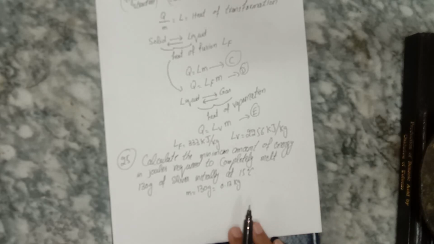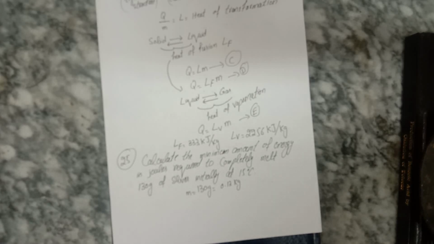I have to melt the silver, so I need to know the latent heat of fusion of silver. I can go to the table 18.3 that I told you and check the value. The latent heat of fusion of silver is given as 105.